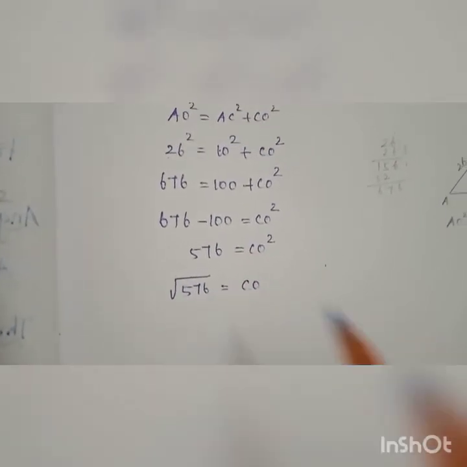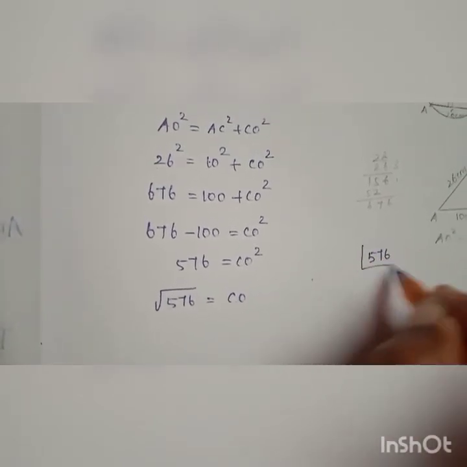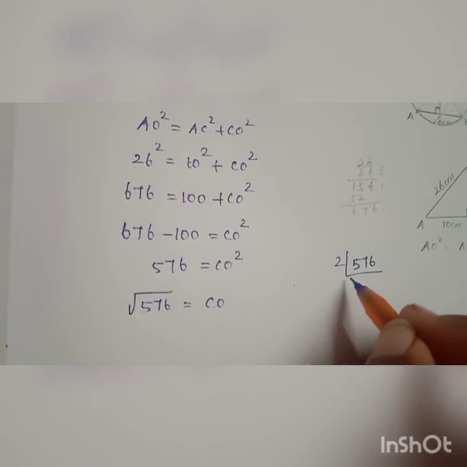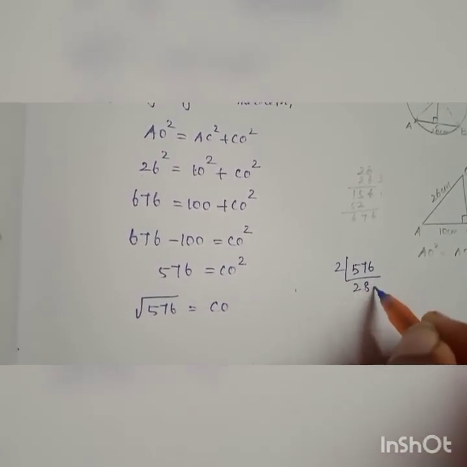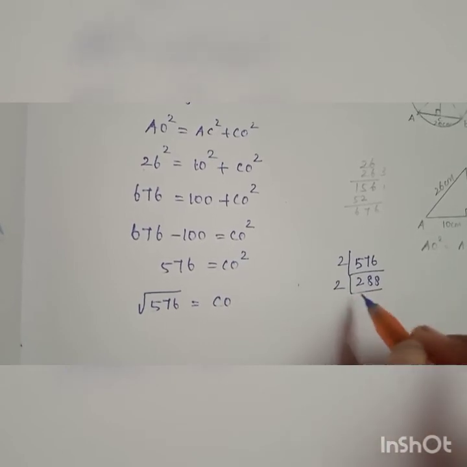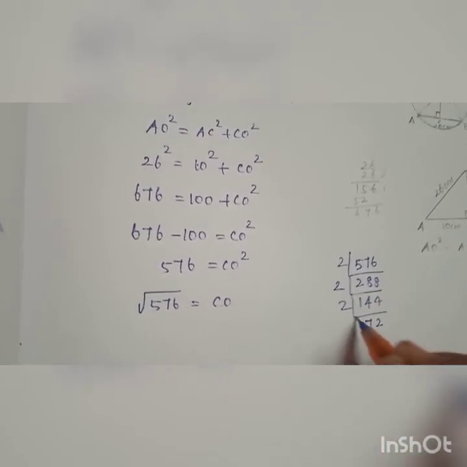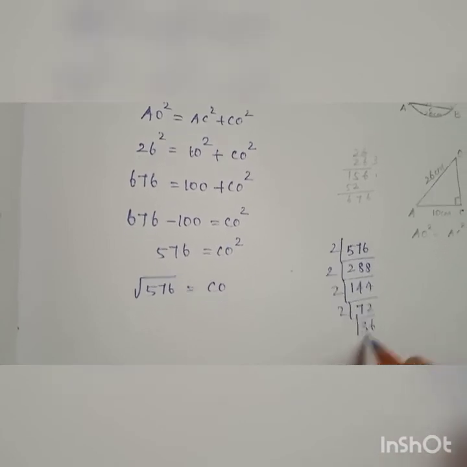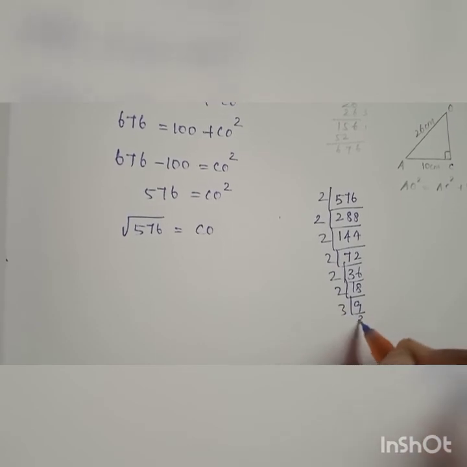Now we'll find the value of root 576 by the prime factorization method. We'll divide it by 2: 576, 288, 144, 72, 36, 18, 9, 3, 3.